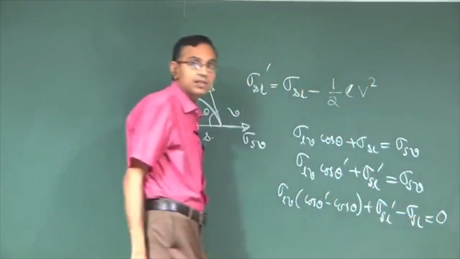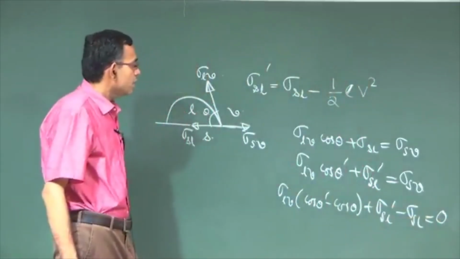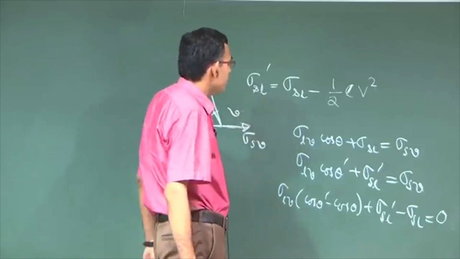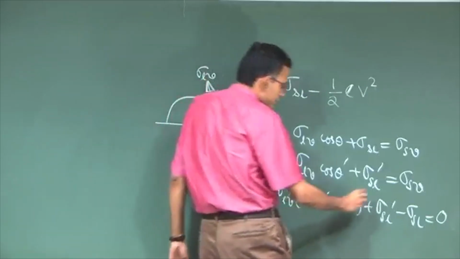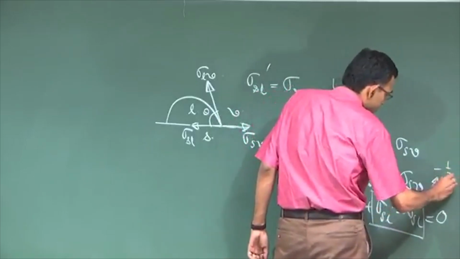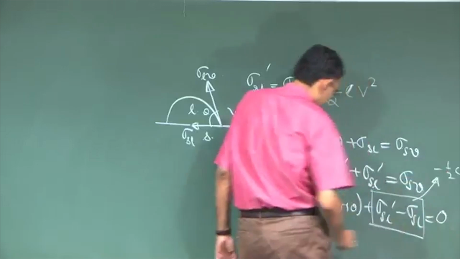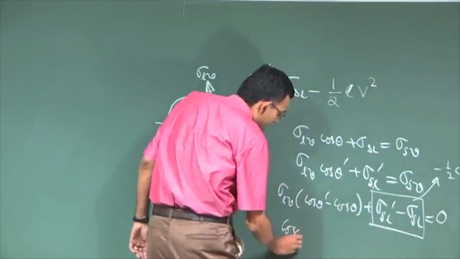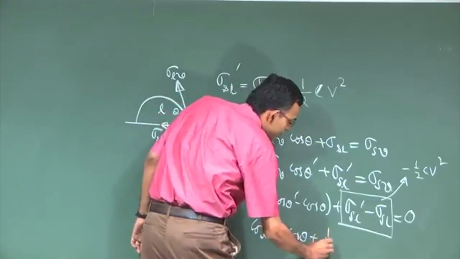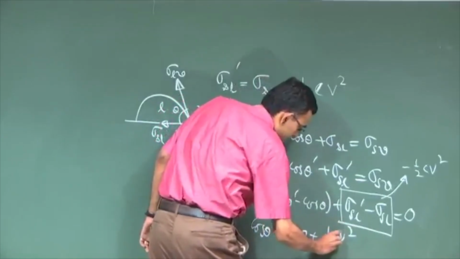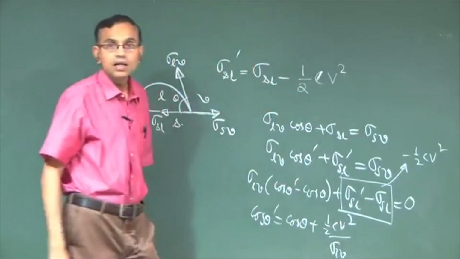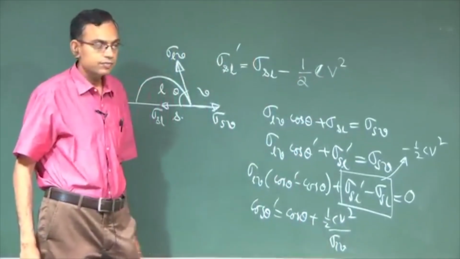You just subtract these two equations. So, sigma SL prime minus sigma SL is minus half CV square. So, you have cos theta prime is equal to cos theta plus half CV square by sigma LV, which is the Young-Lippmann equation. Okay.